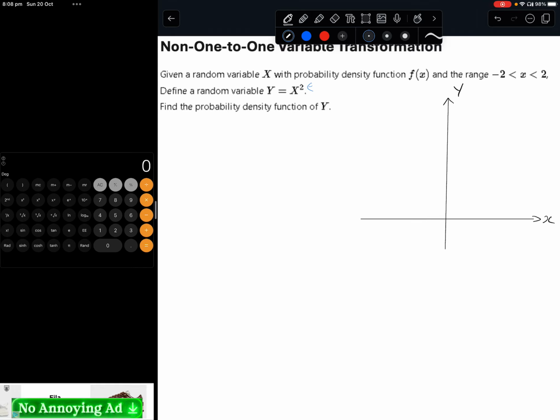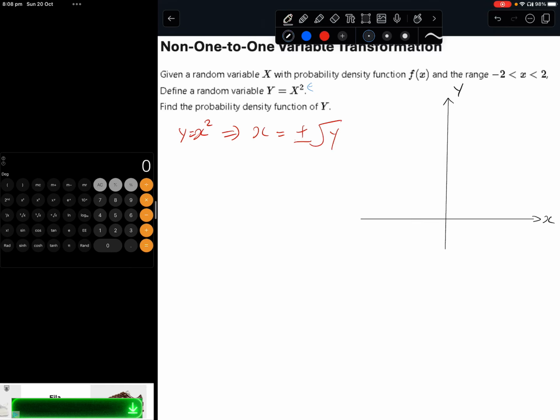Here x is squared, so we can write it in this form. If y equals x squared, then x equals positive or negative square root of y.